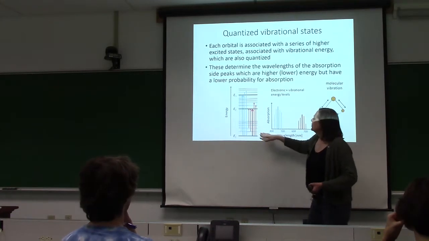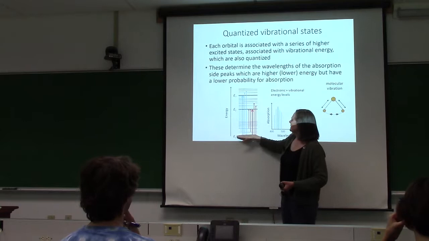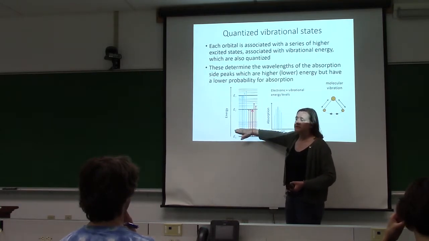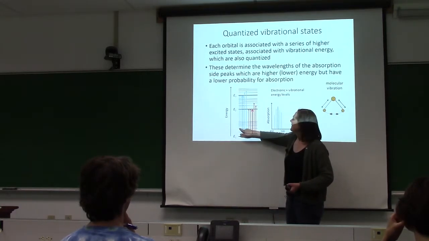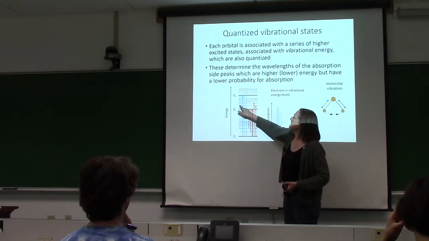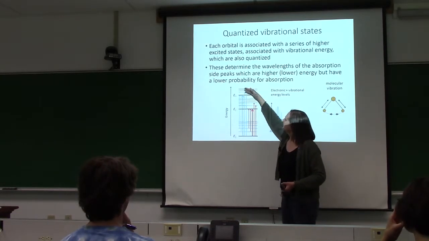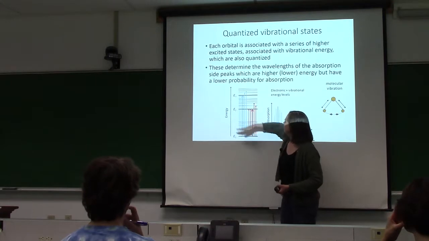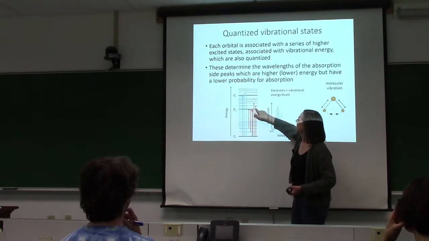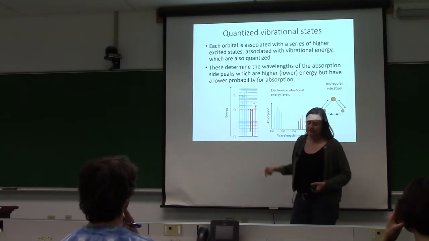And so you can imagine that if the molecule was in this higher vibrational level, now it can absorb an amount of energy to this electronic state, or this one, or this one. This one could absorb up to this electronic state, or within these vibrational levels.